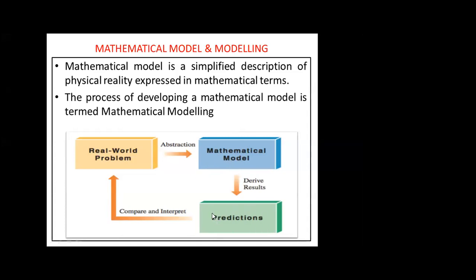We do the prediction, and this prediction will be compared with the real world problem, and then we interpret the result. So this is a cycle here, and this whole thing, converting the real world problem to a mathematical model, deriving the results and then comparing with the real world problem, is called the mathematical modeling process.